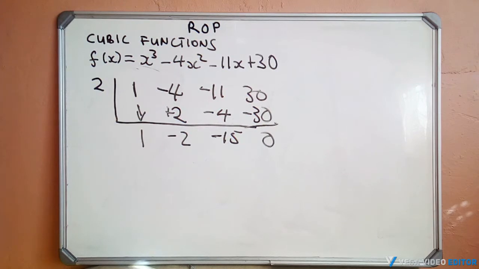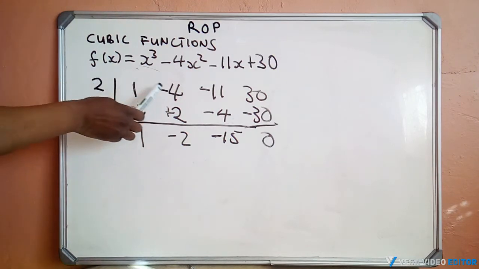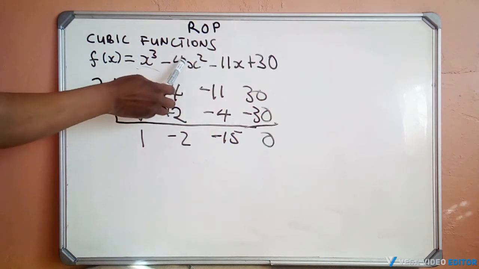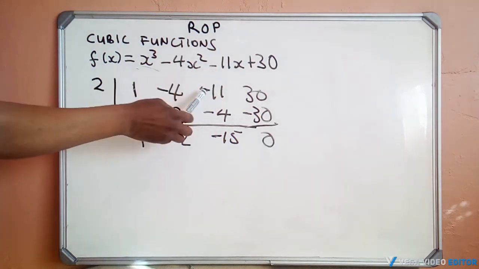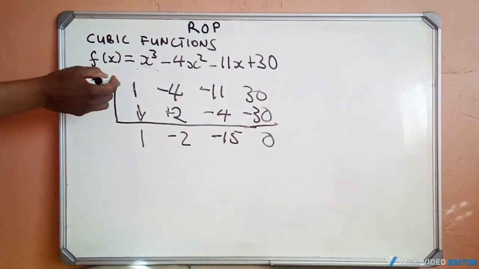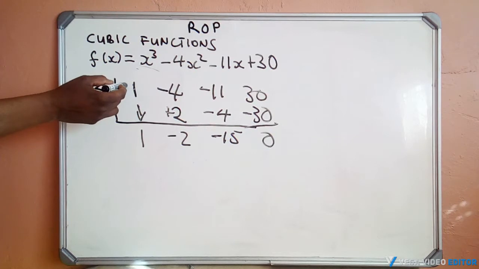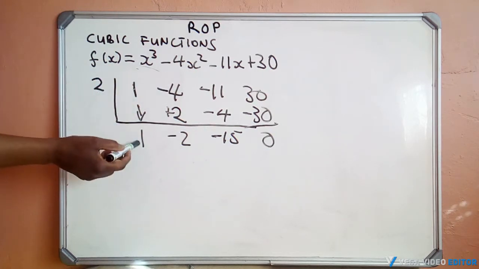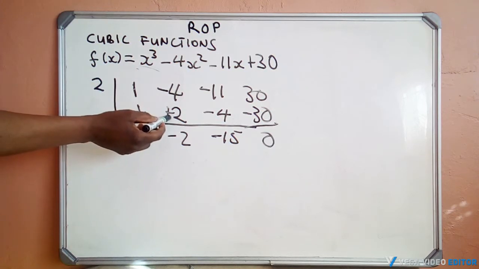I'll go through this again. This is what is known as the synthetic division method. We have taken the coefficients of this polynomial: 1, minus 4, minus 11, and 30. First of all, bring this 1 down. 2 times 1 will give you a positive 2.